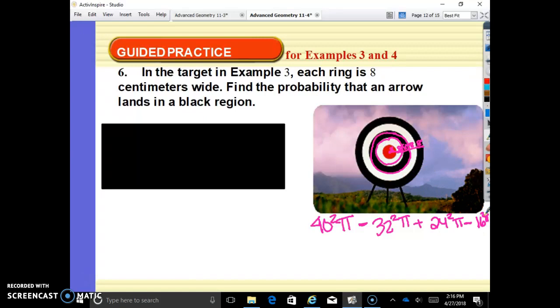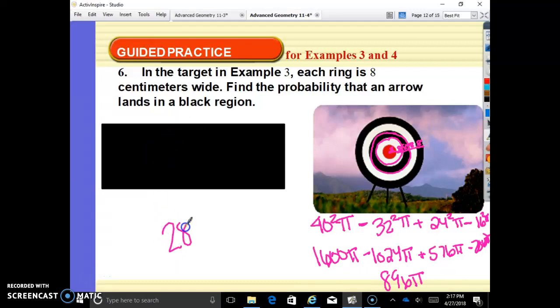So now with my calculator, 40 squared, so we have 1600 pi minus 1024 pi plus 576 pi minus 256 pi. So negative 256 plus 576 minus 1024 plus 1600 is going to give me 896 pi, and that's the answer in terms of pi.